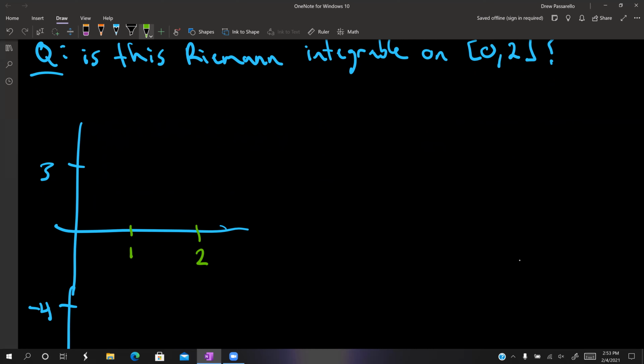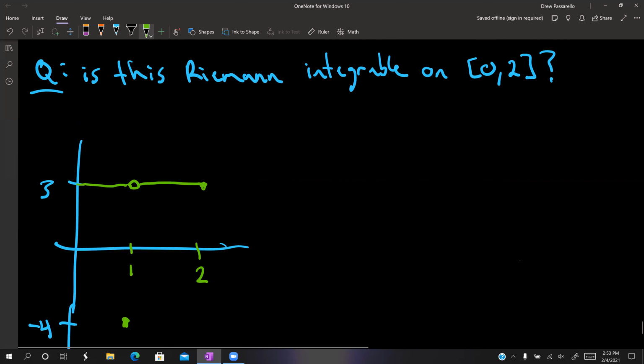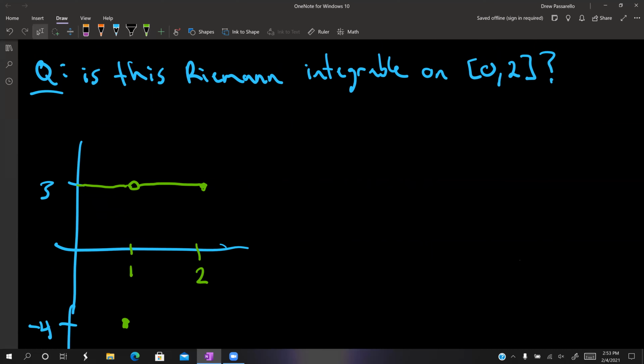Everything is equal to 3, and then it jumps at 1 down to the point right here, negative 4, and then jumps back up. And that's our function. So we are going to show that this is Riemann integrable on this closed interval 0 to 2.